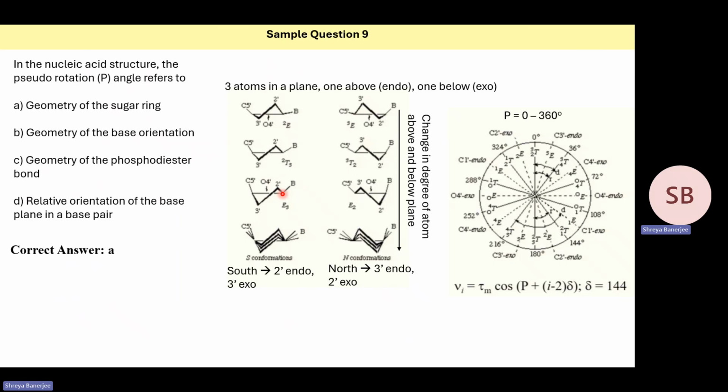So the C2 prime is above the plane, C3 prime is below the plane, or the south conformation. And if it is somewhere between 0 to 18 degrees, it is C3 prime endo, that is C3 prime is above the plane, C2 prime is below the plane, or the north conformation. So this pseudo-rotation angle refers to the geometry of the sugar ring. That is your option A. So option A is the correct answer.